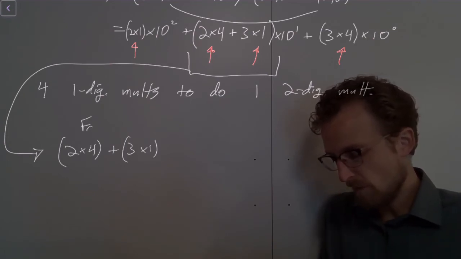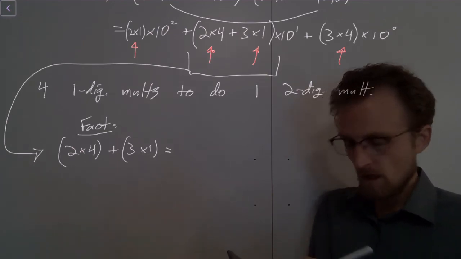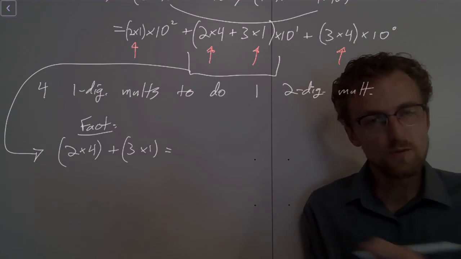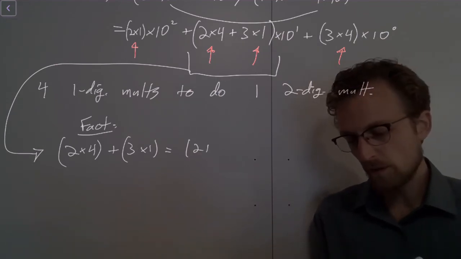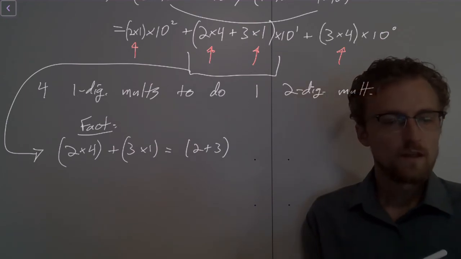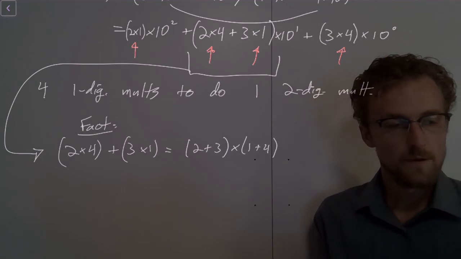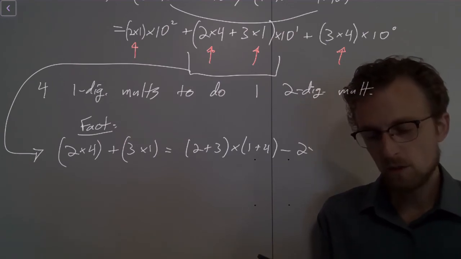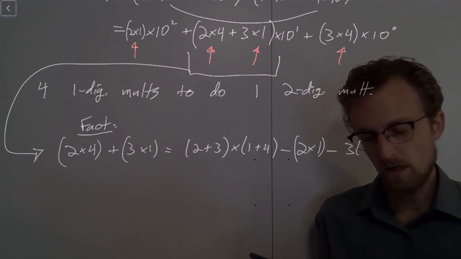Here's my interesting fact that I will demonstrate to you. I'll show you why this is true. So here's my interesting fact. 2 times 4 plus 3 times 1 can be written as 2 plus 3 times 1 plus 4, minus 2 times 1, minus 3 times 4.